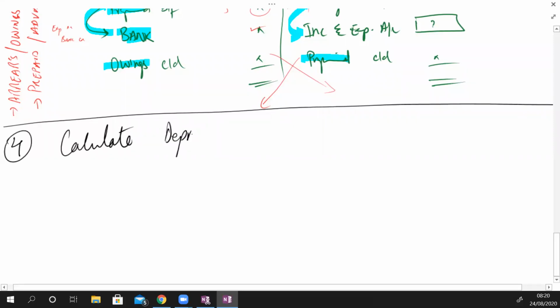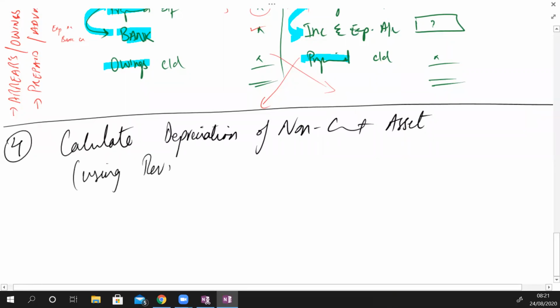calculate depreciation of non-current asset using the revaluation method.